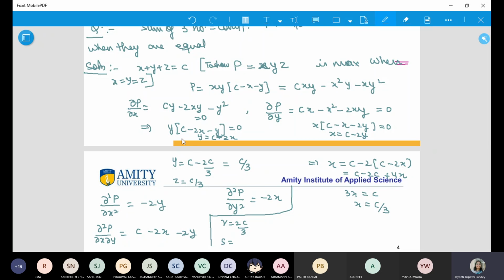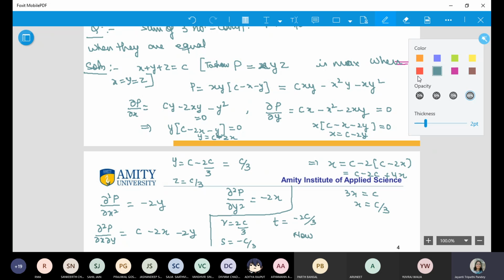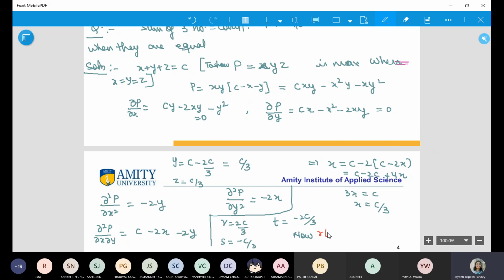Put the value here: c minus 2c by 3 minus 2 times c by 3, so that is minus 4c by 3. So it is minus c by 3. And t is, now rt minus s square is minus 4c square by 9.